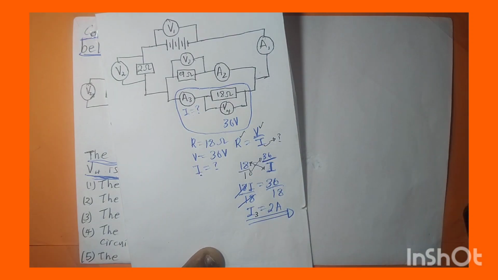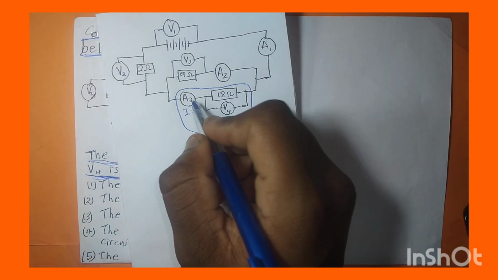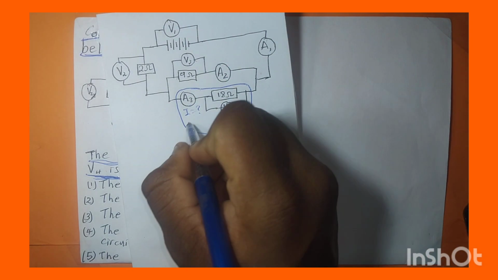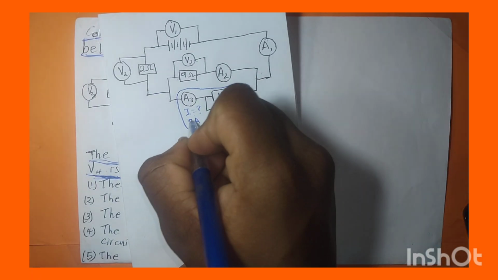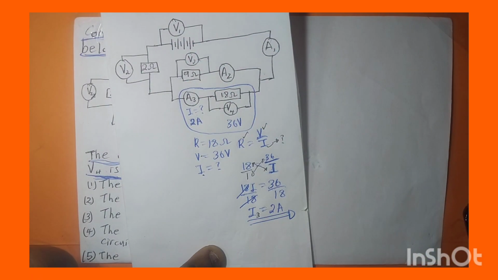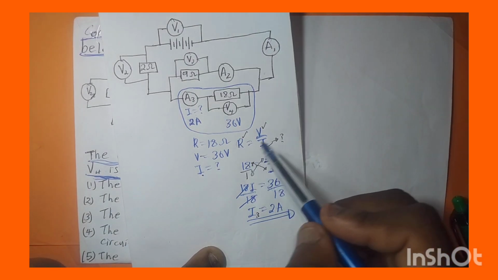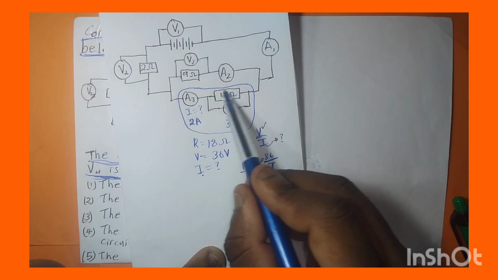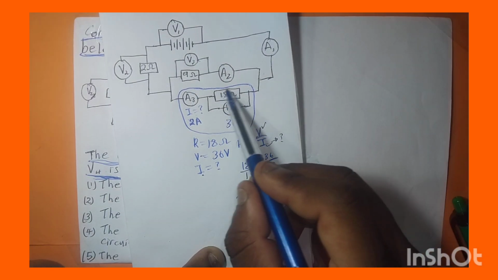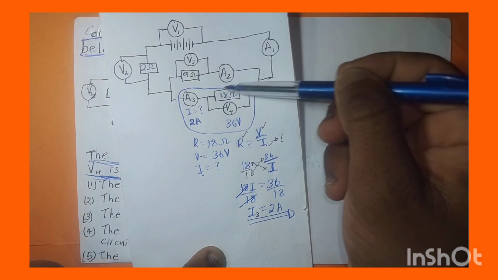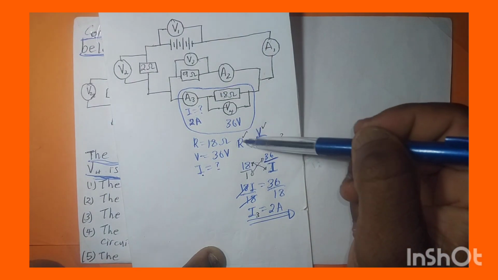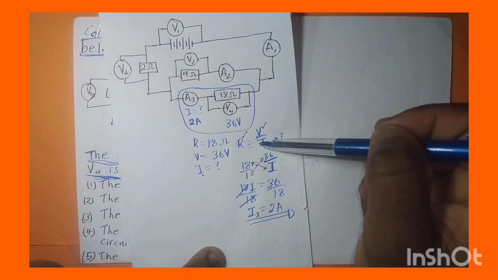It says the current which is passing through here is 3 amperes. It's 2 amperes by the way. So we apply Ohm's law only if we are focusing on one component, that resistor there.